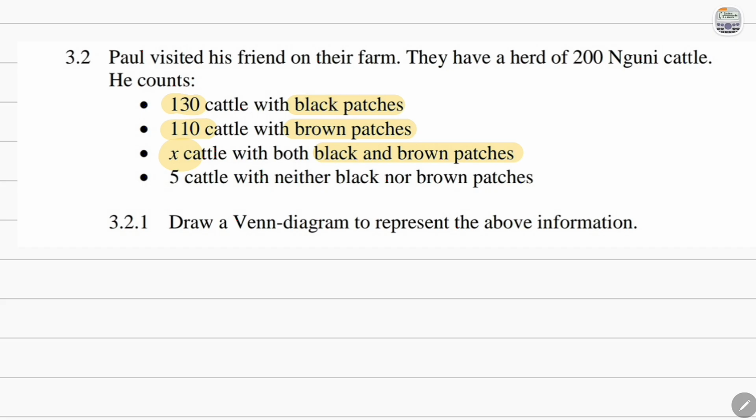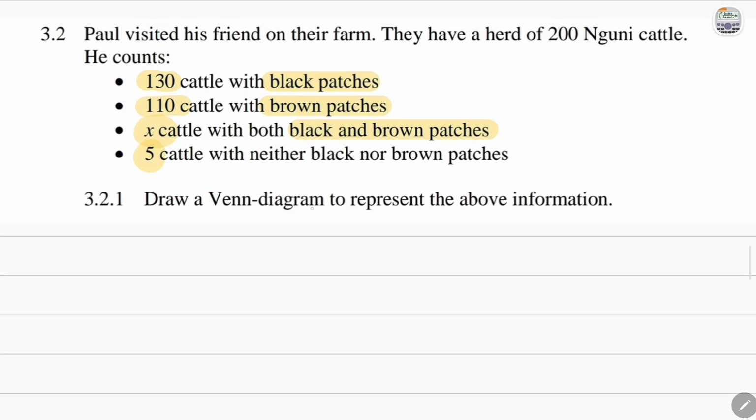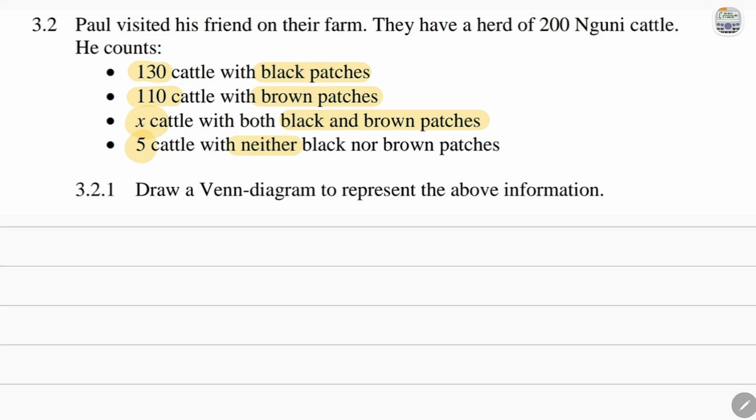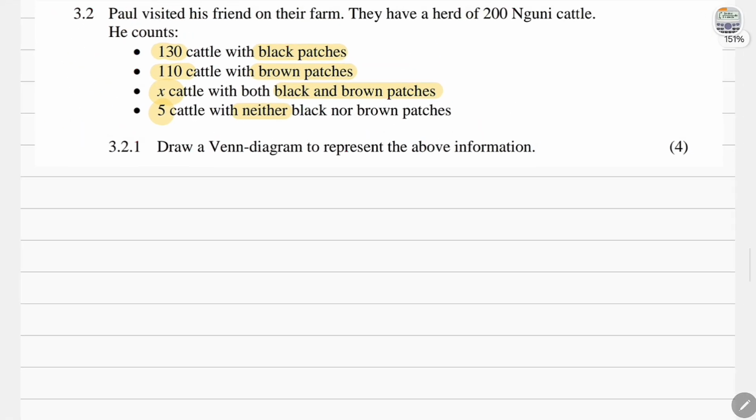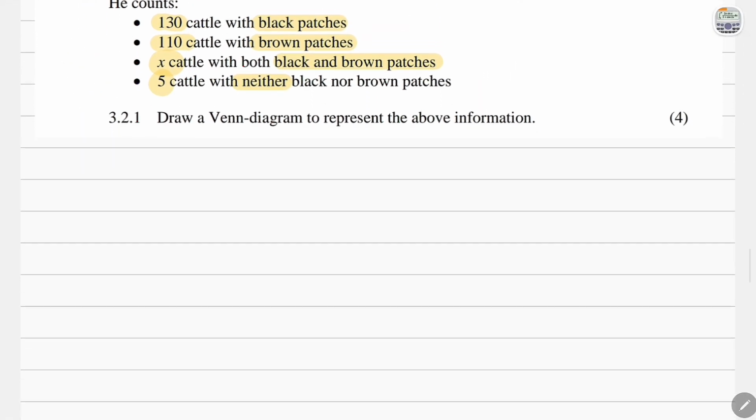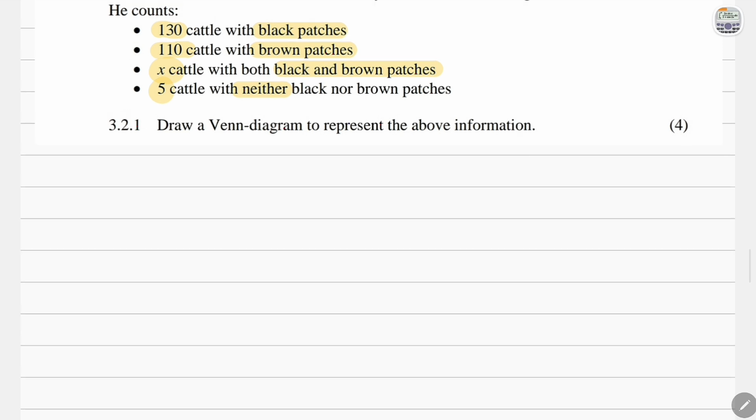It seems like it's only black and brown patches that we're looking at. And then there are 5 cattle with neither black nor brown patches. So clearly we just have 2 categories, and then there's 5 with neither. Question 3.2.1 says, draw a Venn diagram to represent the above information.